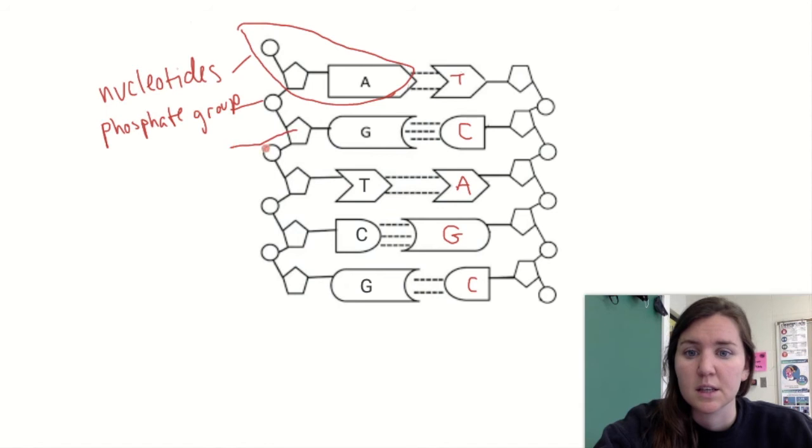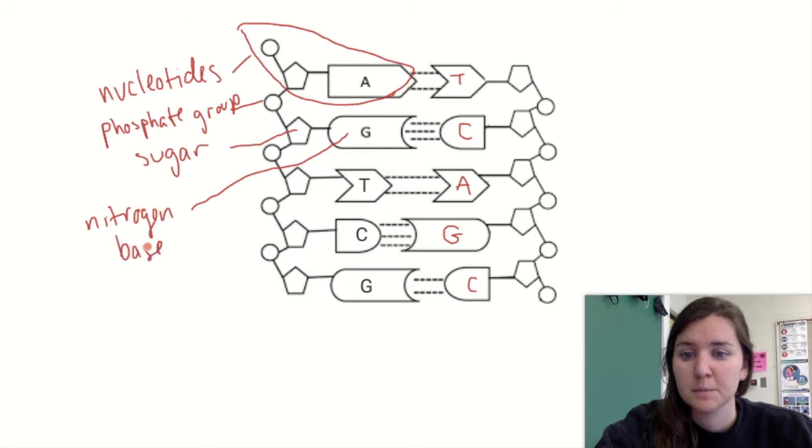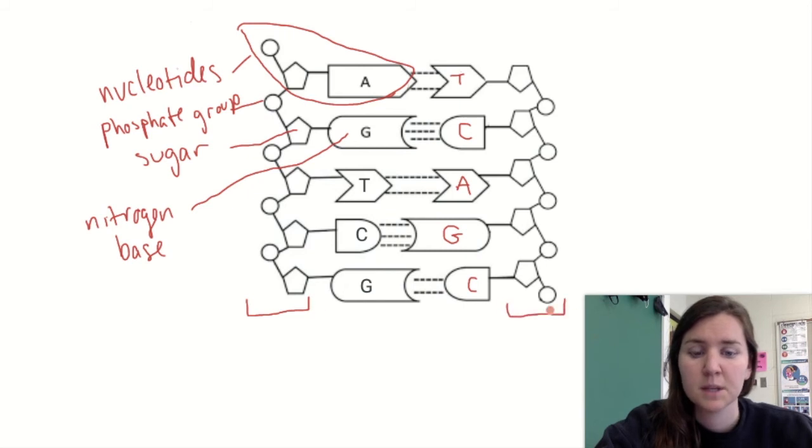There is the sugar, deoxyribose, and in here is the nitrogen base, which could be either A, T, G, or C. Then this whole side of DNA is called the backbone, or sometimes you'll hear it called the sugar phosphate backbone because it's made up of sugar and phosphate. So that's the backbone.